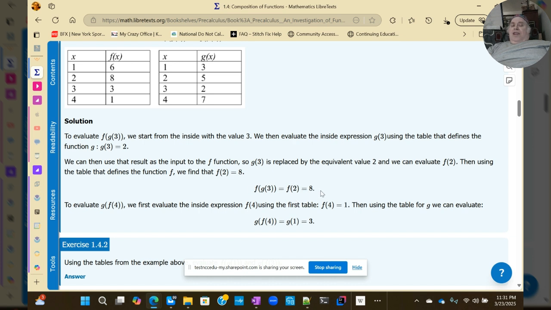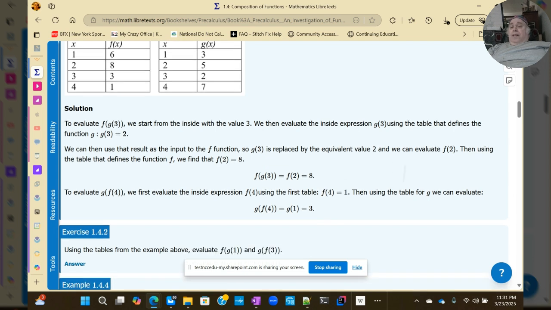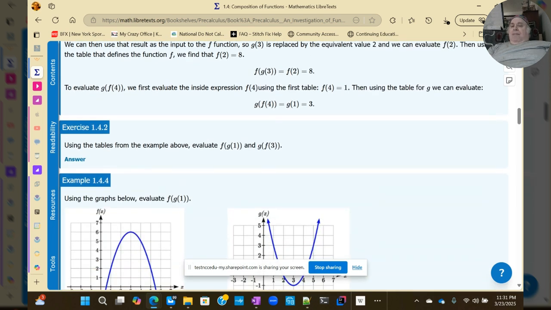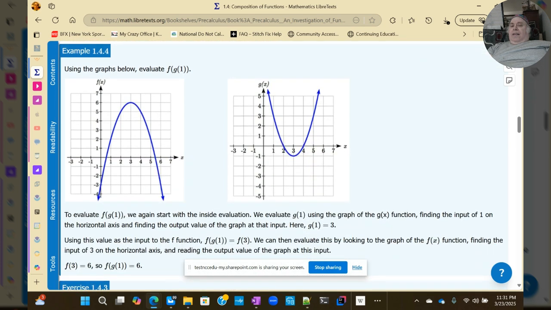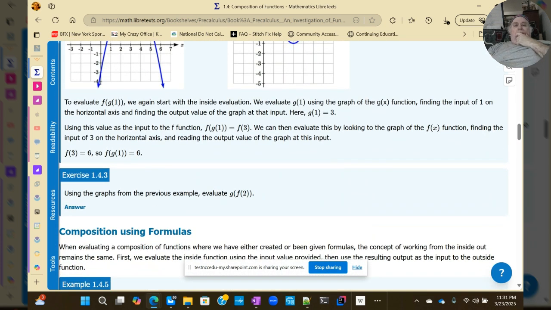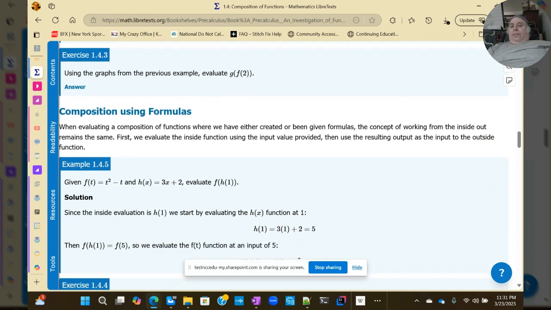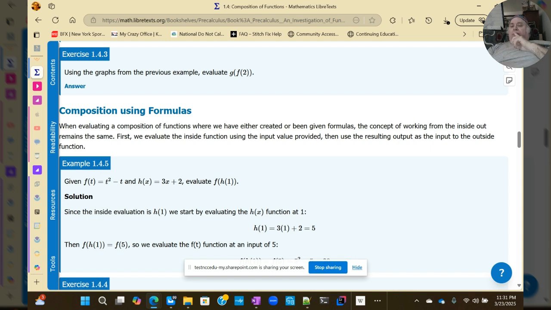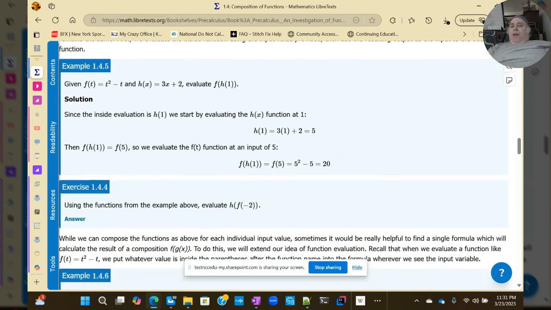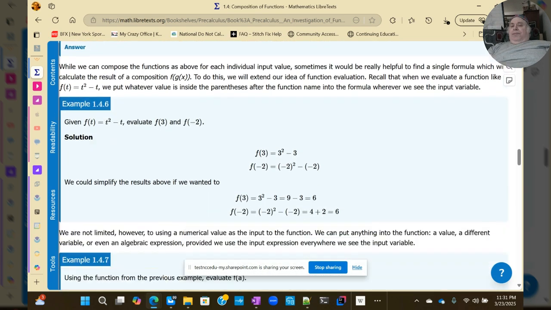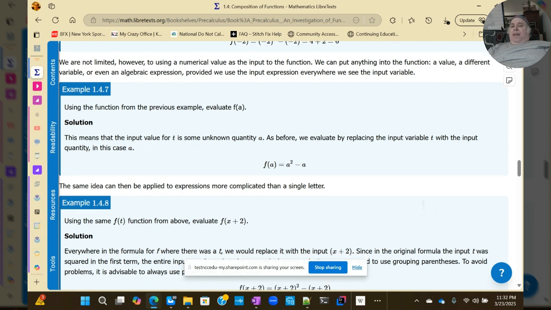That's basically the same thing I was showing you earlier, so you can solve problems with tables that way. This part is what I just showed you using formulas.